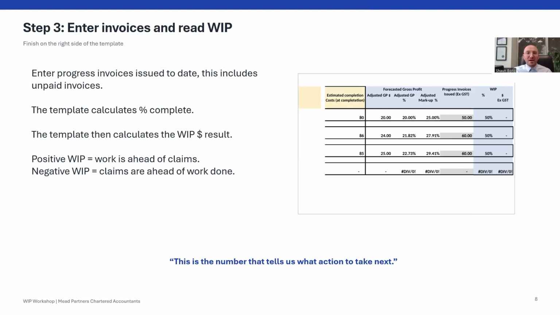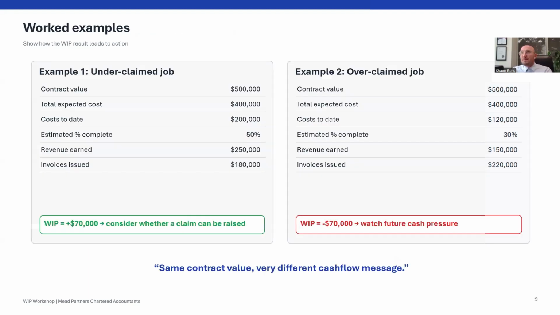Regardless of the WIP result, with each job being positive or negative, it should always lead to some action. So we'll look at 2 examples to show how the numbers can change the conversation, and also explain the difference between positive and negative WIP.